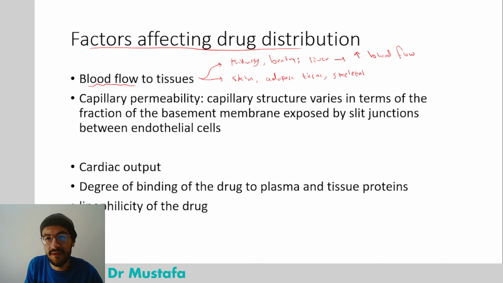So the drug would distribute more to the kidney, brain, and liver than to the skin and adipose tissue, because the blood flow is greater to those organs.